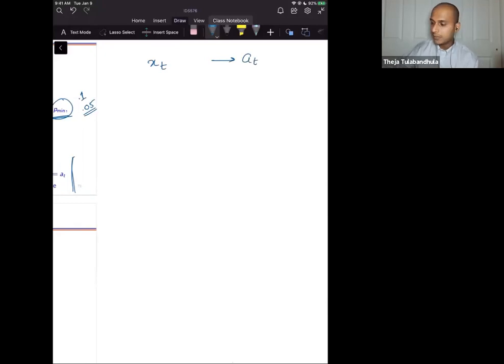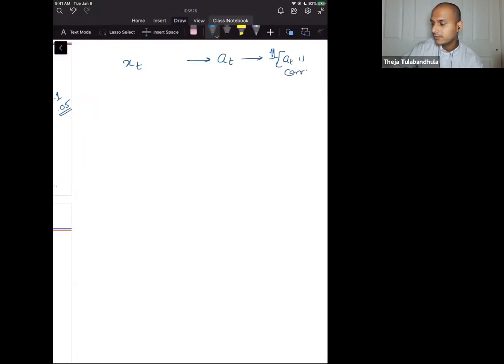Let's say at is like a label, but you also get a reward, which is an indicator of whether that action at is correct or not. I said regression earlier, but let's think of classification.